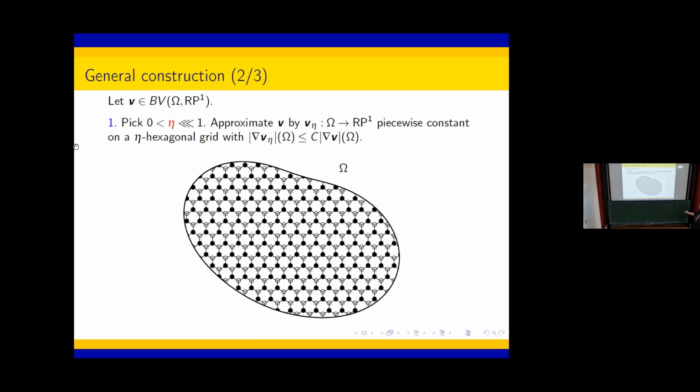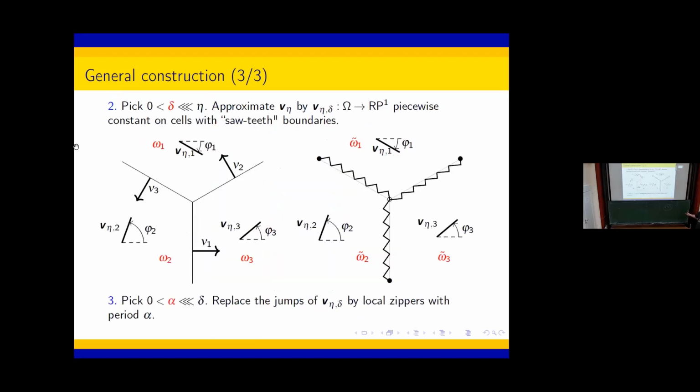You divide your domain in hexagons, and you approximate V by a constant on each one, and you have a piecewise constant function, and you have to deal with these jumps. We replace these jumps by sawtooth jumps, and then you put zippers, and you can approximate any BV function.